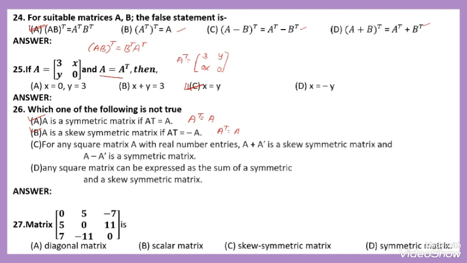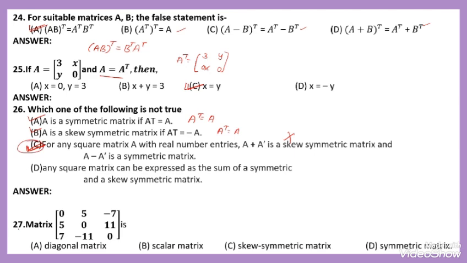For any square matrix A with real number entries, A plus A transpose is skew symmetric. No, it is not possible. A plus A transpose is a symmetric matrix, but they gave skew symmetric. Therefore, this one is not true. Option C is the right answer because this is the not true statement.